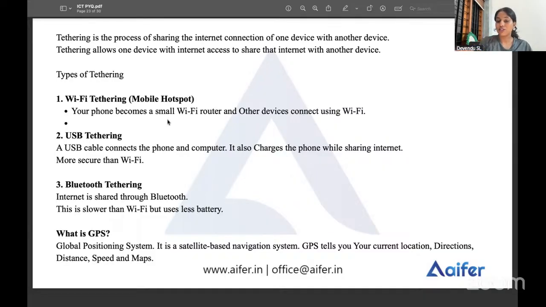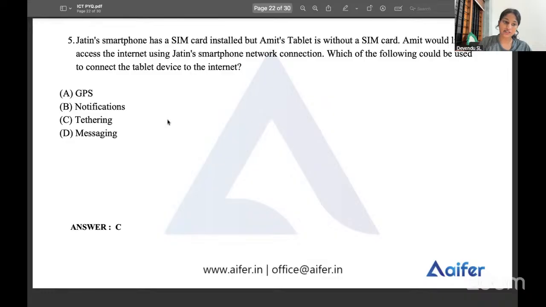So GPS tells your current location, directions, distance, speeds, and maps. In Google Maps and all other things that use directions, GPS is used in mobile phones, laptops, or any other such things. So that is GPS. Here we have the correct answer as tethering. The thing about tethering is the hotspot process.